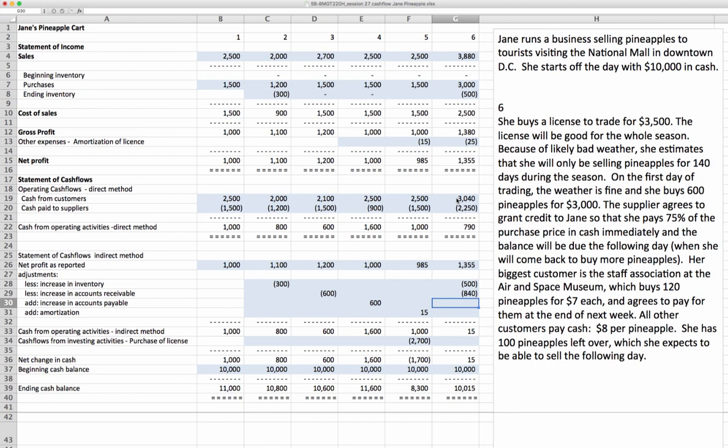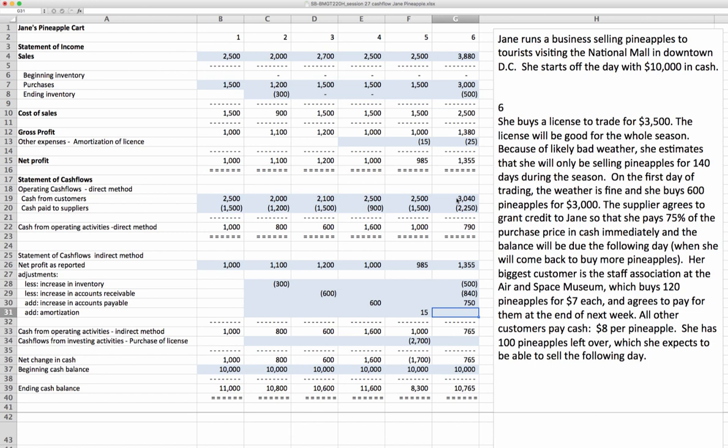On the other hand, she didn't have to pay the whole of the $3,000 to the supplier for the pineapples, and so the increase in accounts payable is the 25% of the purchase price of the pineapples, so it equals 25% of the 3,000. That's $750, which she's going to pay the next day.